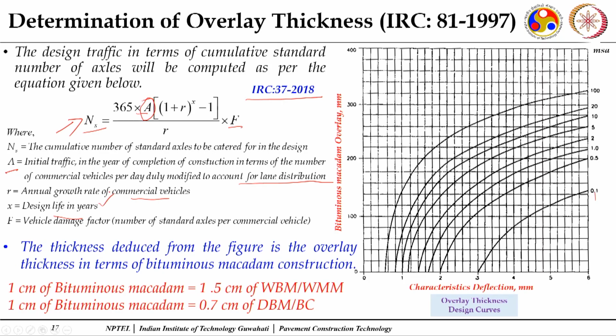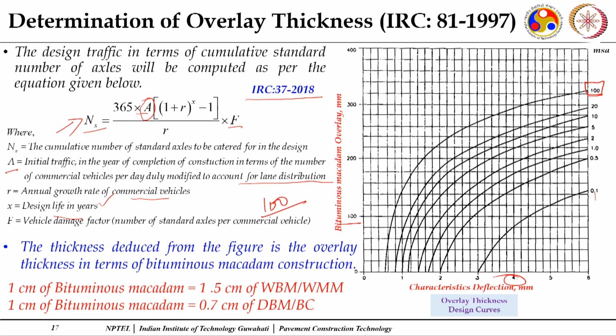And then the design life, as I mentioned, as per IRC 37 you need to work out the design traffic. Once you have the design traffic, it may be, say, 100 MSA for the coming 10 years. So, you have the design traffic of 100 MSA here, and for example a characteristic deflection of 4 obtained from your mean and standard deviation.